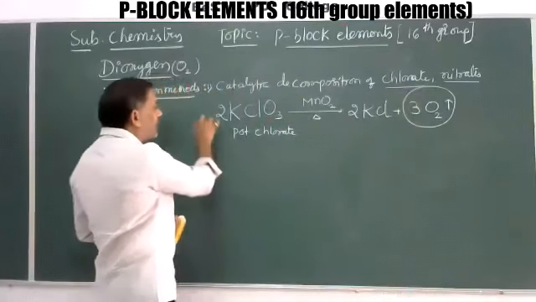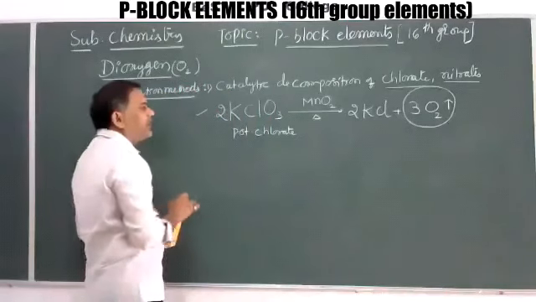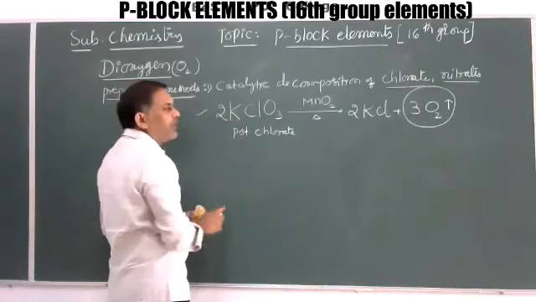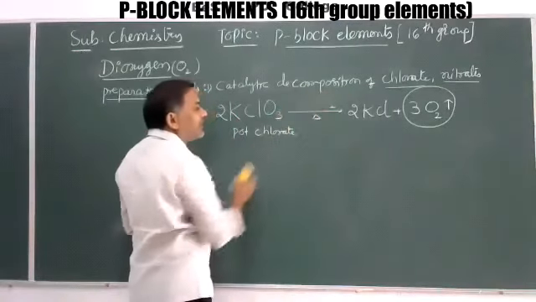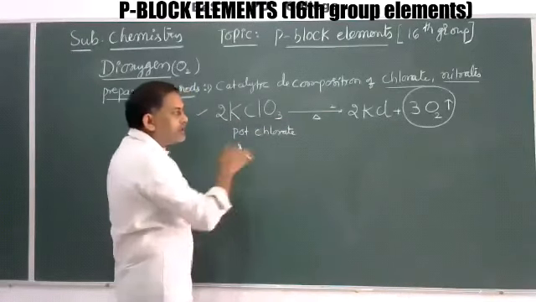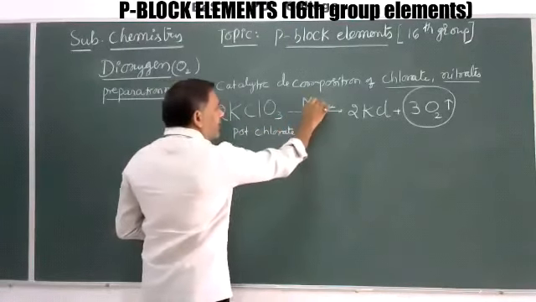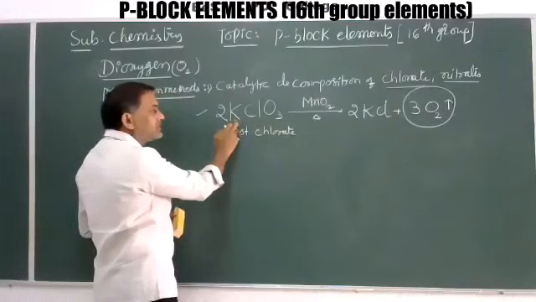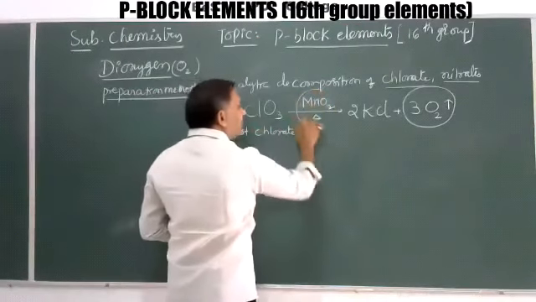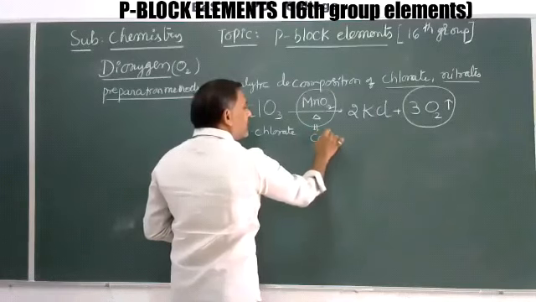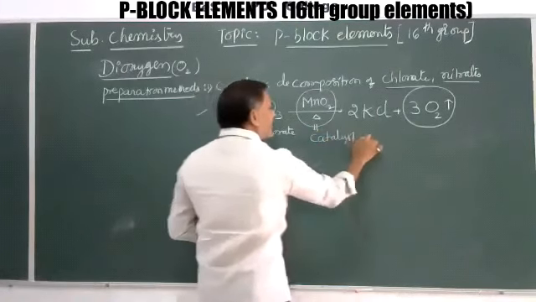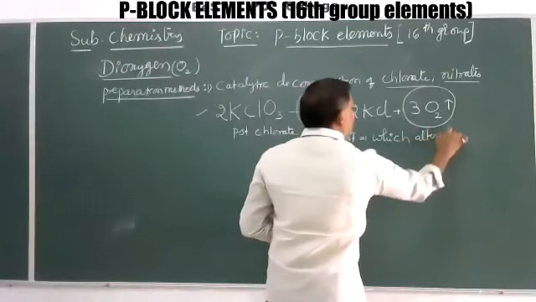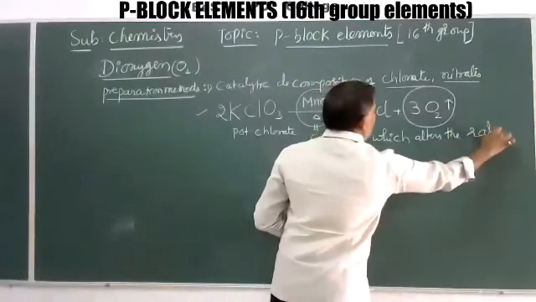This reaction is explained in surface chemistry: decomposition of potassium chlorate in the absence of a catalyst is a very slow reaction. In the same reaction, if we take MnO2, a metal oxide, as a catalyst, it increases the rate of the reaction. That's why it is a positive catalyst. A catalyst is a chemical substance which alters the rate of the reaction.